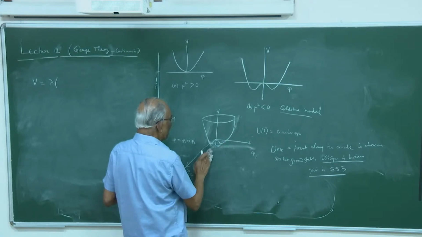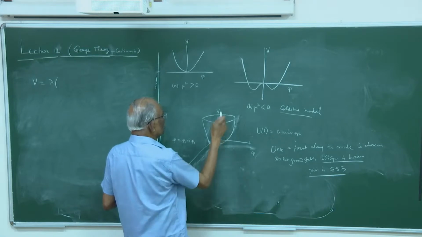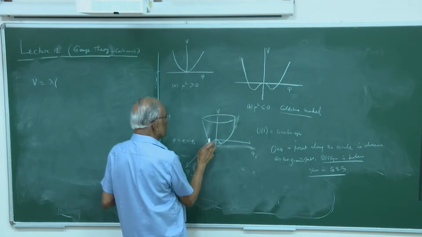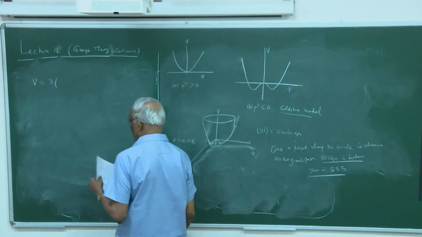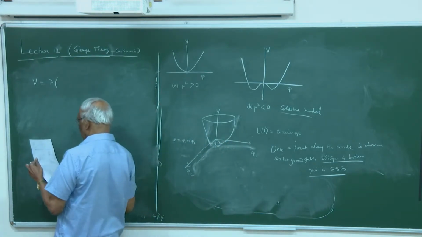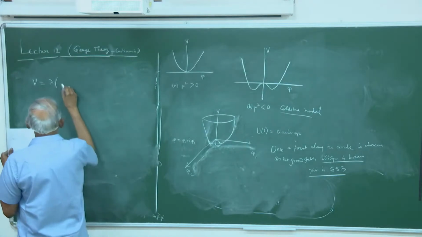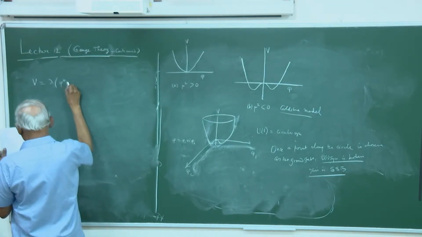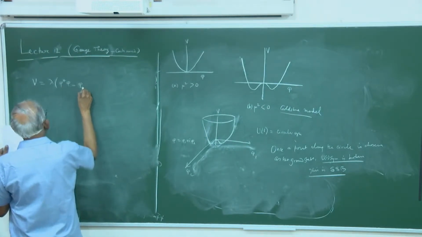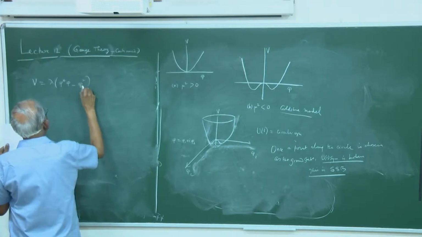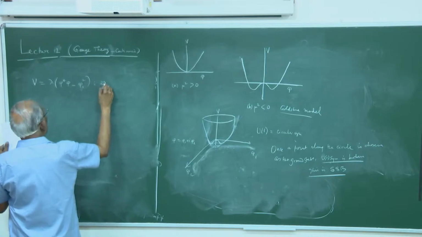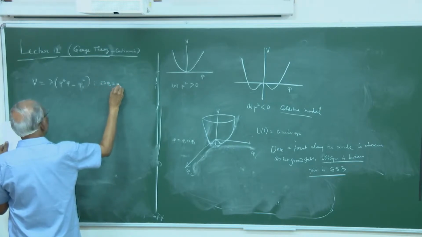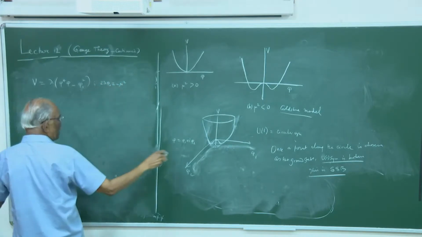I am going to add a constant term to V, so that this minimum comes on the phi 1, phi 2 plane itself. So that is easily done. You have to simply choose a constant. If you choose a constant properly, the whole thing can be written this way, where what is phi 0? Phi 0 is basically the radius of the circle.